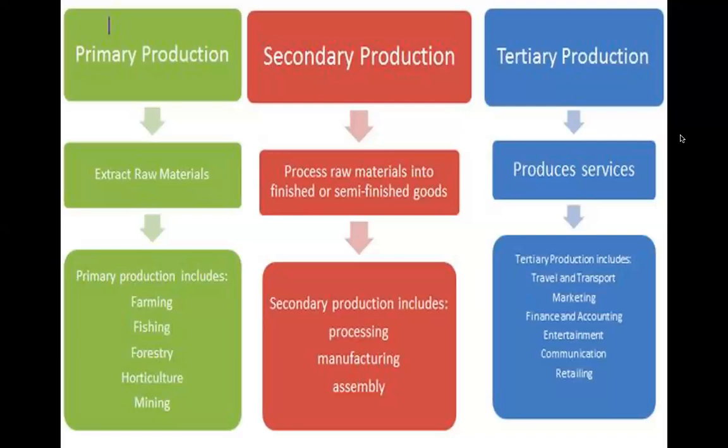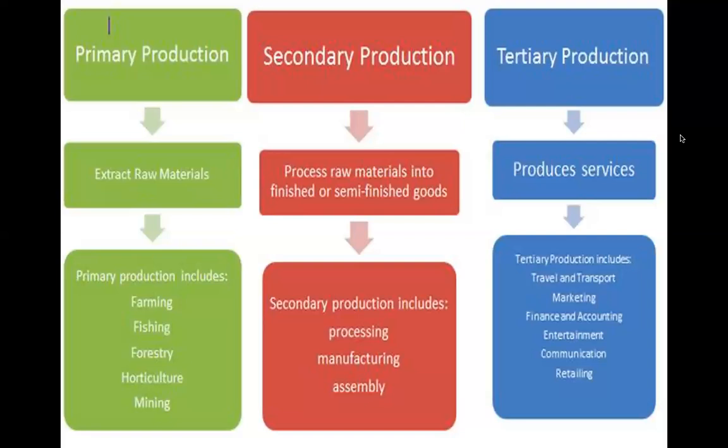Then we have tertiary production. All right, so they are into the rendering of services. Okay, so there is nothing physical or tangible, but this service is very critical because it can assist both the primary and the secondary stages of production.